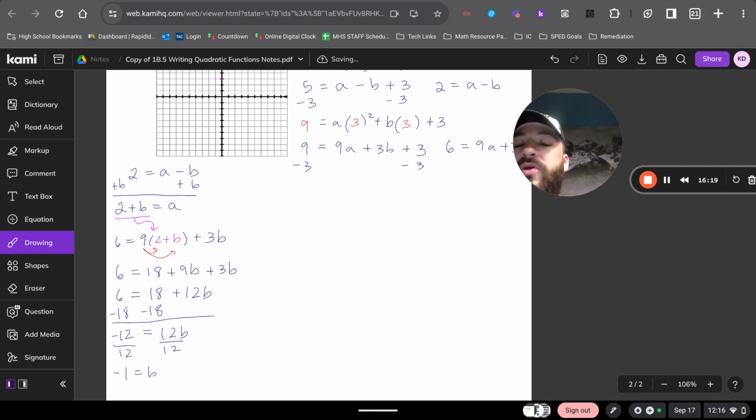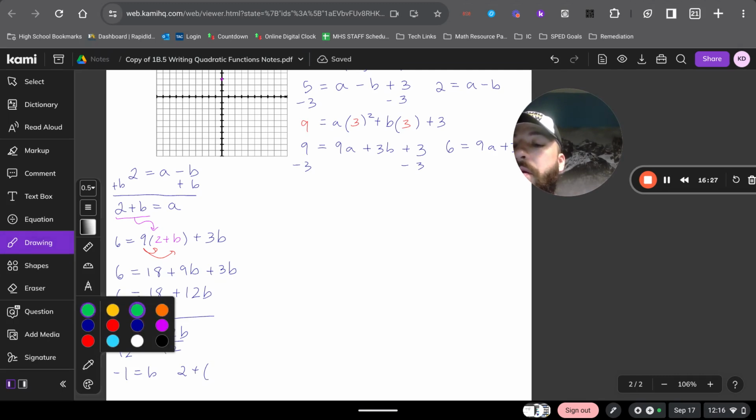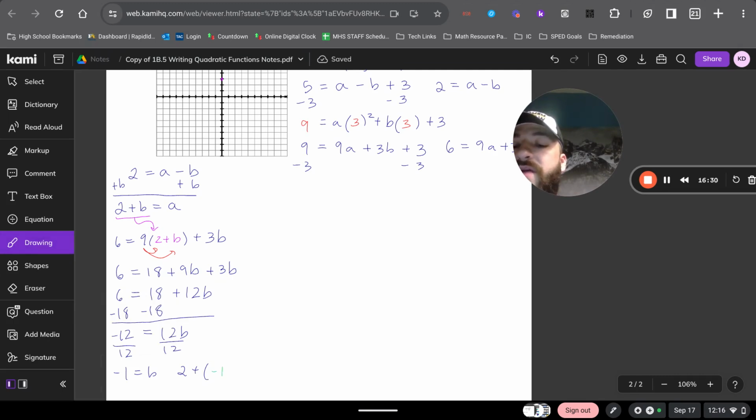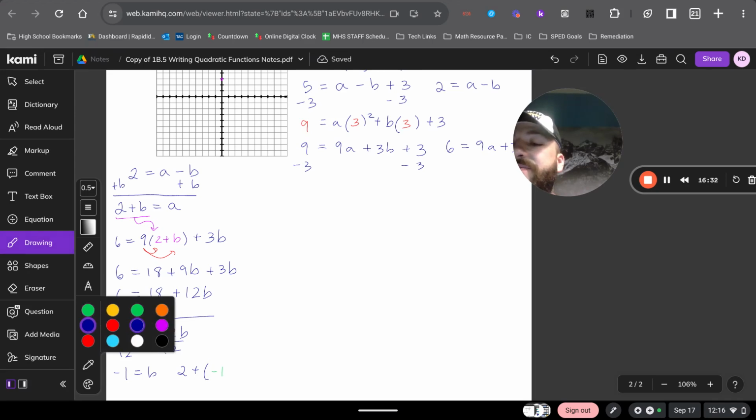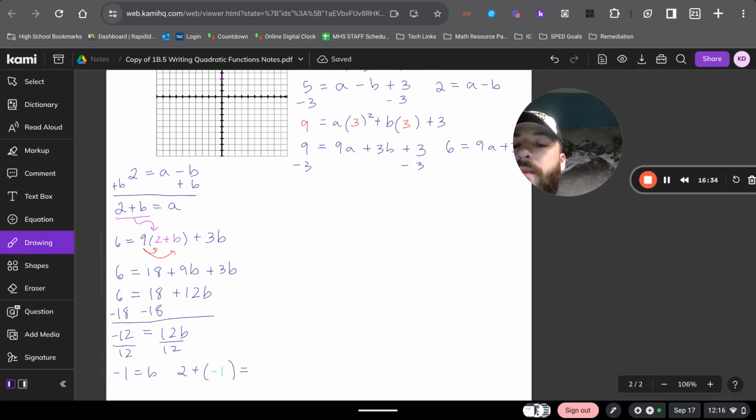Plugging into our other equation, 2 plus negative 1 for that b that we just got equals a. So we get 2 plus negative 1, so 1 is equal to our a value.